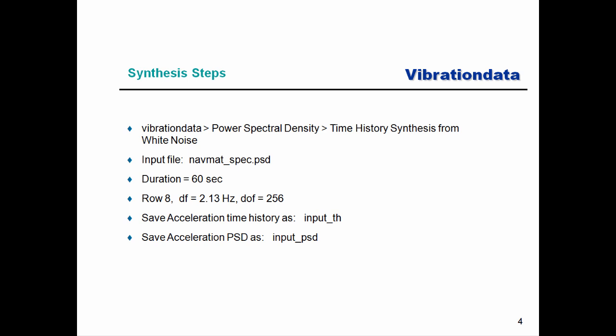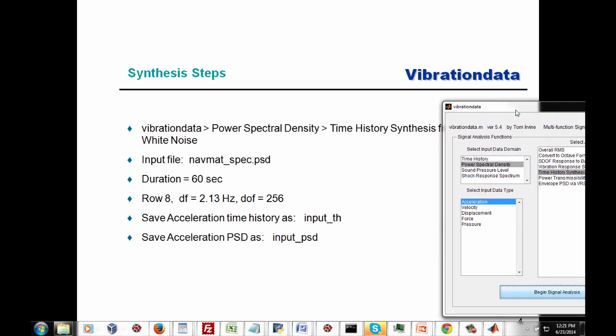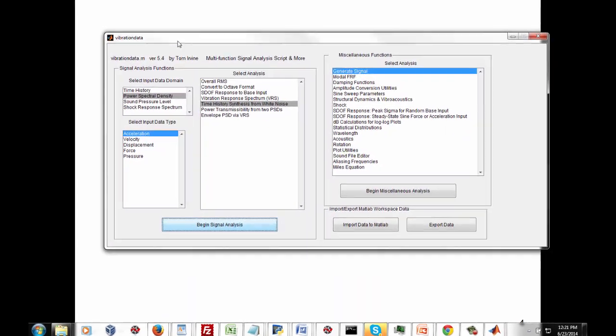And the coordinate points are already in a file called navmat_spec.psd. And we're going to do a 60-second duration. And we're going to have the choice from row 8, which is a delta frequency or frequency step of 2.13 hertz with 256 statistical degrees of freedom. Then we're going to save the time history and its resulting PSD.